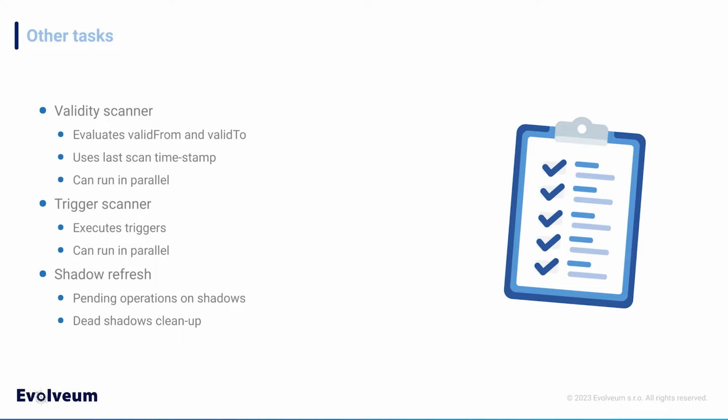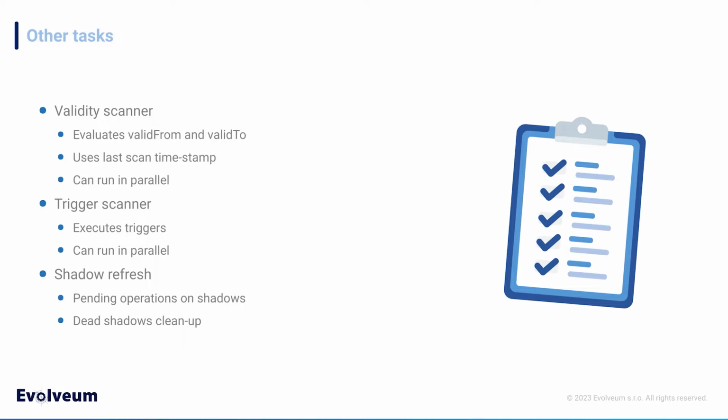So instead of executing it immediately, you might put a trigger saying, I will execute it in 5 minutes, and when the same action should be triggered again, you already know the trigger is there and you don't have to do it twice. That's how these triggers are useful. The trigger scanner is a task which is checking the triggers, checking if it's time to execute the trigger, and executes them. Even though by default it's a simple single-thread task, you can configure it to run more often or less often, to run in parallel, and so on, depending on your particular use case and needs.